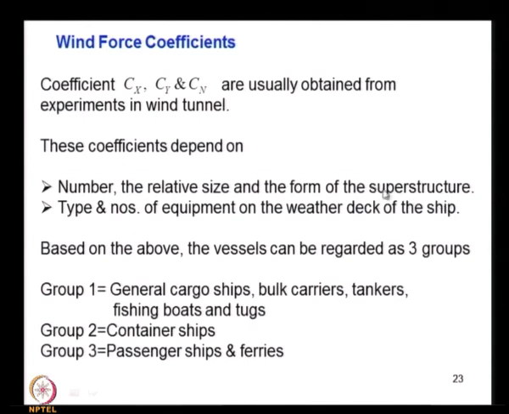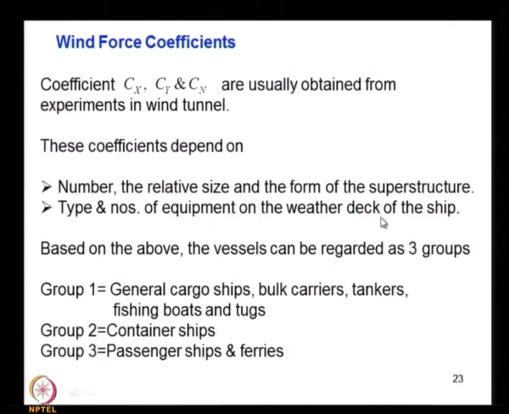Superstructure usually refers to the structure coming above the main deck of the ship. So, you have to know how many structures there are, what is the relative size of the structure, and what is the form of the structure. Is it a square cylinder or square shape, or does it have a smooth shape, maybe a circular cylinder? Then the type and number of equipment on the weather deck.